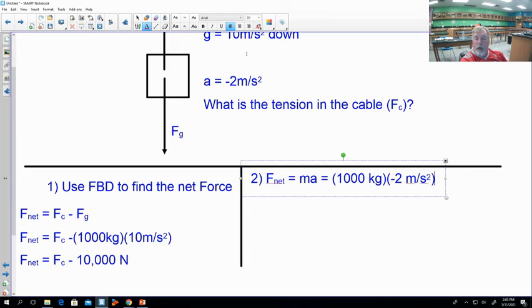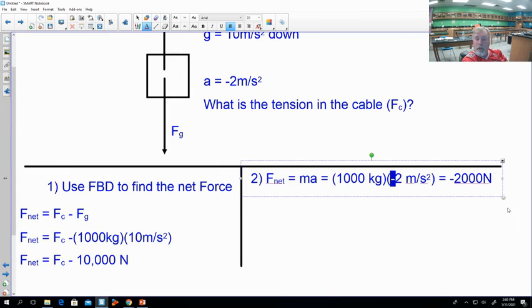If we plug all that in, F net is equal to -2,000 newtons. Now again, I want to be careful. That negative sign is important because our acceleration was in a negative direction. We have to make sure we keep that in there. That tells us that our net force is also in the negative direction, -2,000 newtons.